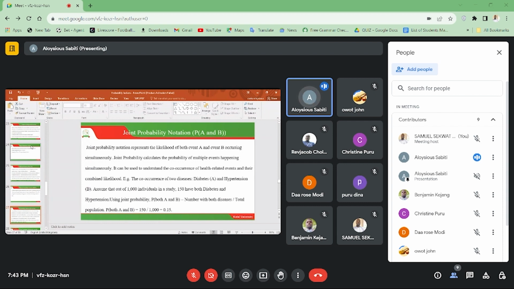Or you look at another condition that is probably jointly associated with malaria, in most cases malaria and pregnancy. So you would look at pregnancy and malaria, then you would be able to determine the number of malaria in pregnancy cases that you would get in that particular population.